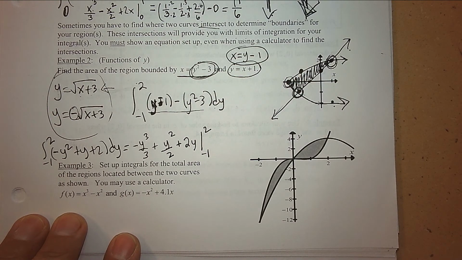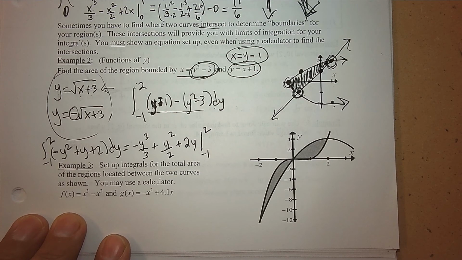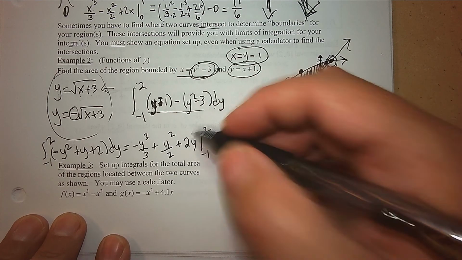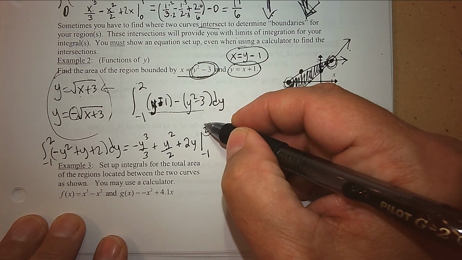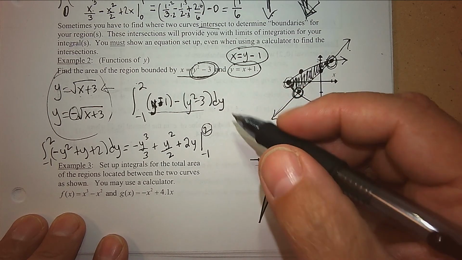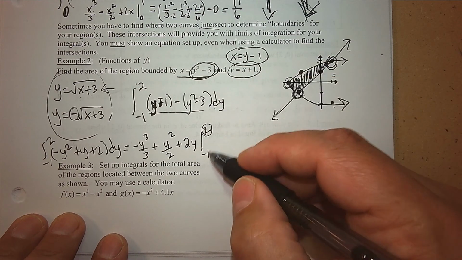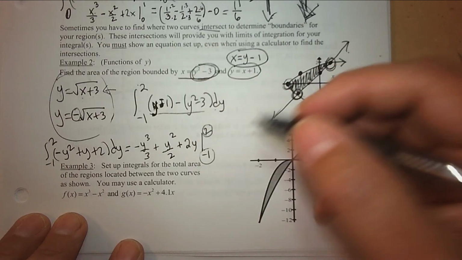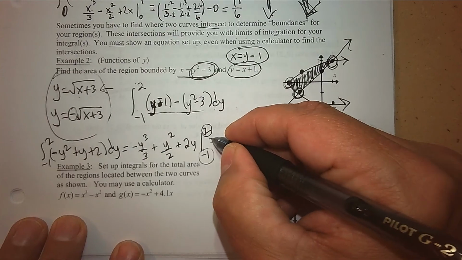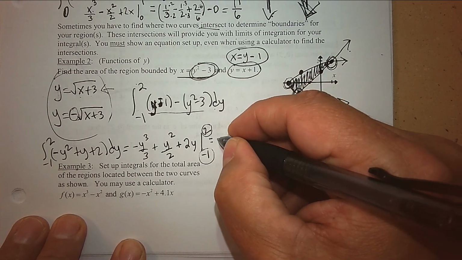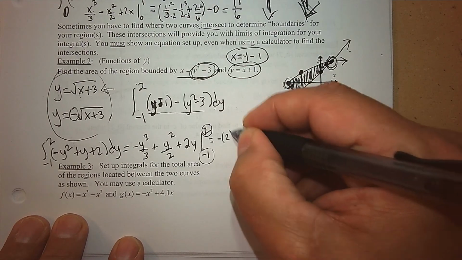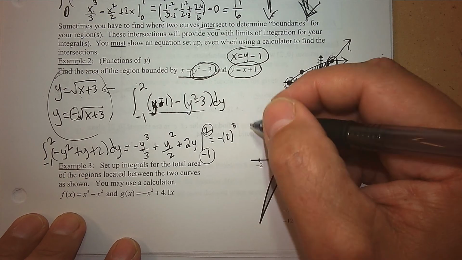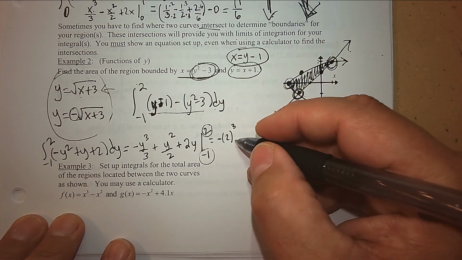Okay, and we're going to integrate from -1 to +2. So what number am I going to plug in first? 2. Get an answer, right? Then I'm going to plug in -1, get an answer, and then I'm going to subtract. Show me the setup, and I won't make you do the headache.